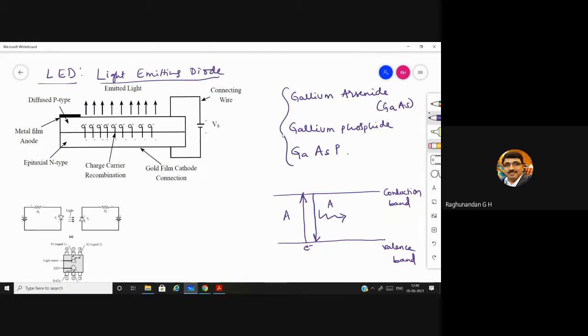This energy can be in the form of heat or in the form of radiation. Radiation means, you know, light.